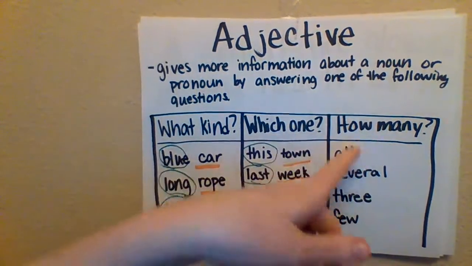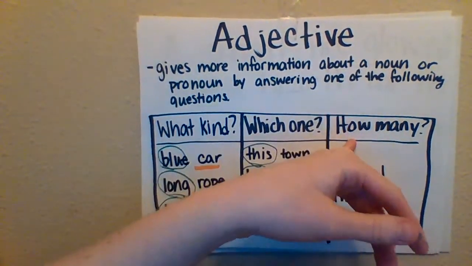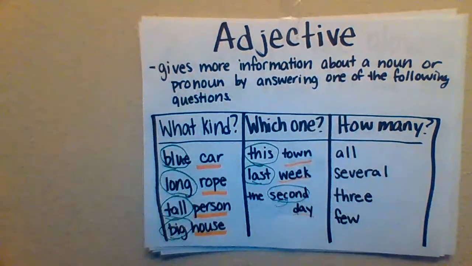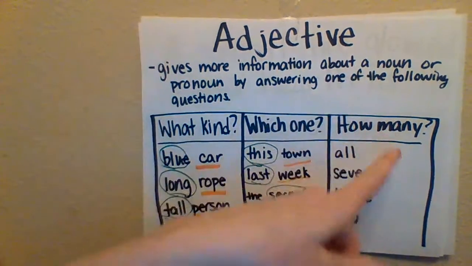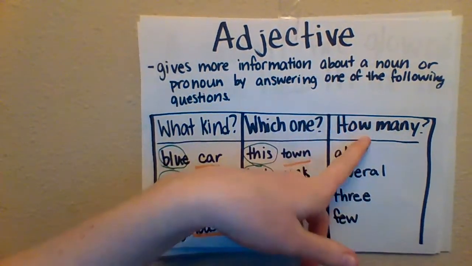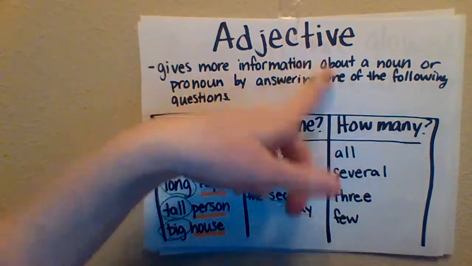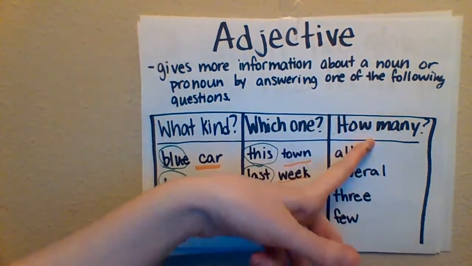Okay? And then an adjective might also answer the question of how many. Oh, I forgot to add nouns after them, but I'll just focus on this right here. A lot of times when we think of the question how many, we think that it always has to do with numbers.